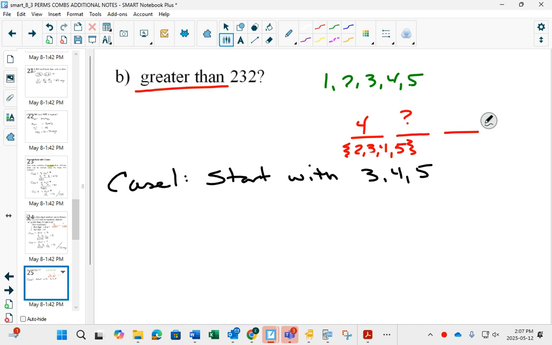No matter which numbers I count in the 300s, 400s, and 500s, they're guaranteed to be bigger than 232. So when I go to my decisions here, and say I'm starting with a 3, a 4, or a 5, 3 choices, there are no more restrictions on the other digits. So I started with 5 numbers, I've used up 1, there'd be 4 numbers left for that. I've used up 2 numbers, there'd be 3 numbers left here, giving me 36 numbers in the 300s, 400s, and 500s.